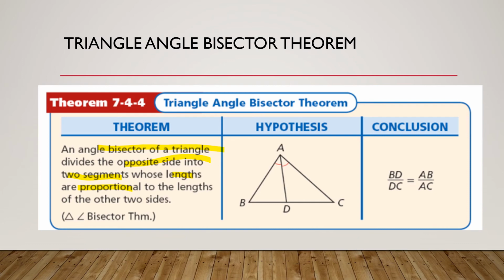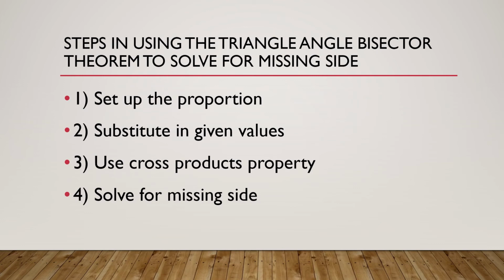So in here, if we did B to D and D to C, so AD is what cut it. And then we have A to B, in the same order, is in proportion to A to C. And then we can solve. So we would use the idea of the bisector to set up our proportion, substitute in our values, use cross products to solve for that missing side, just like we did with the triangle proportionality theorem.